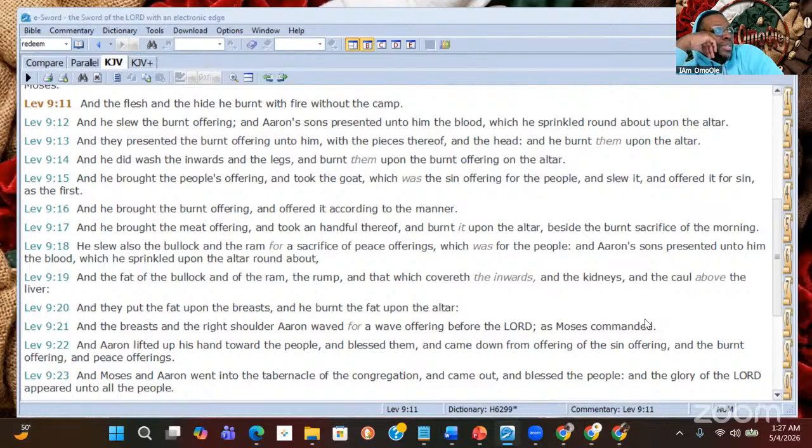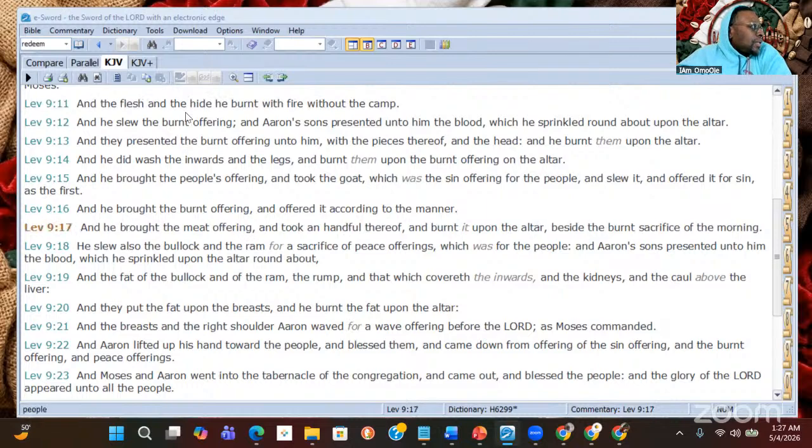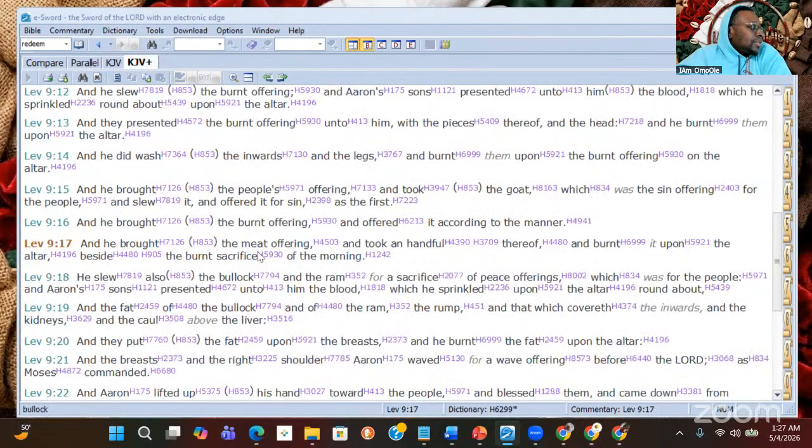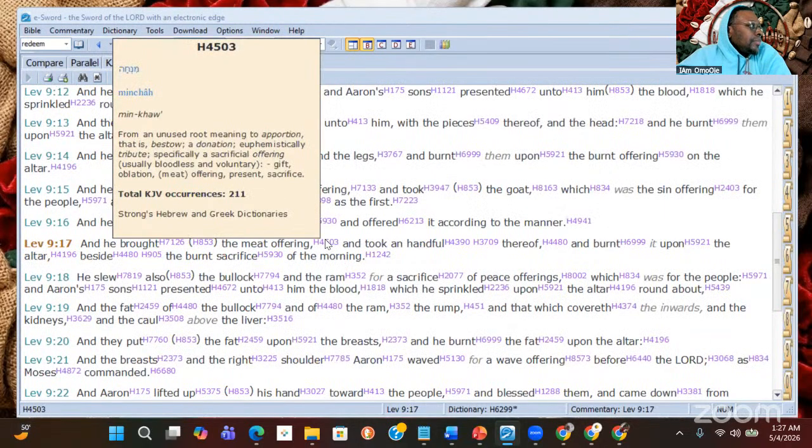And he brought the meat offering. Okay, meat offering is what? Minka.